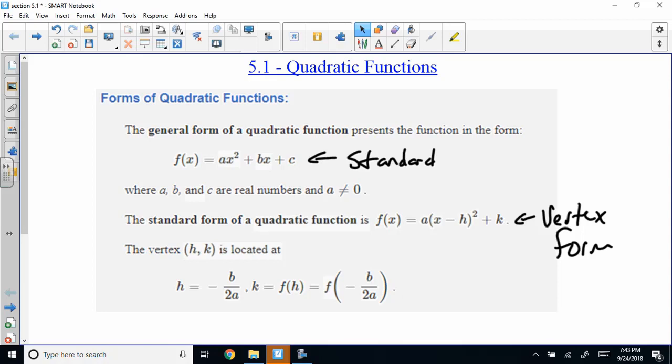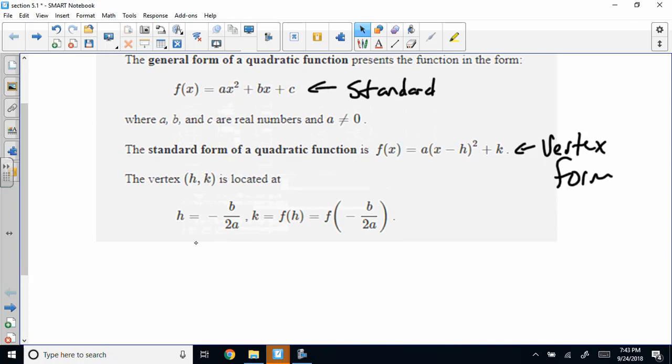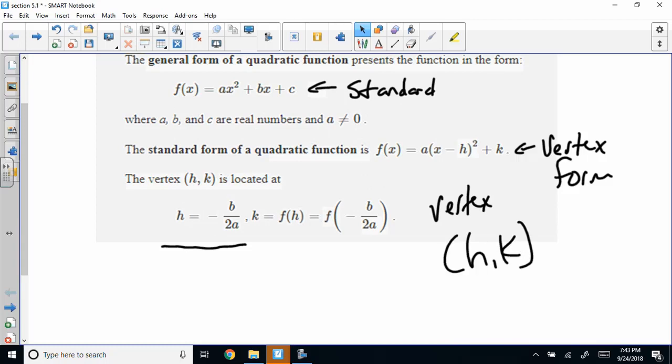All right, so here are important formulas that you have to make sure you understand. If we're talking about the vertex, we're talking about (h, k), which is really like an x and a y. Now, this h is negative b over 2a. Have you seen negative b over 2a before? Yeah, it's the first part of the quadratic formula.